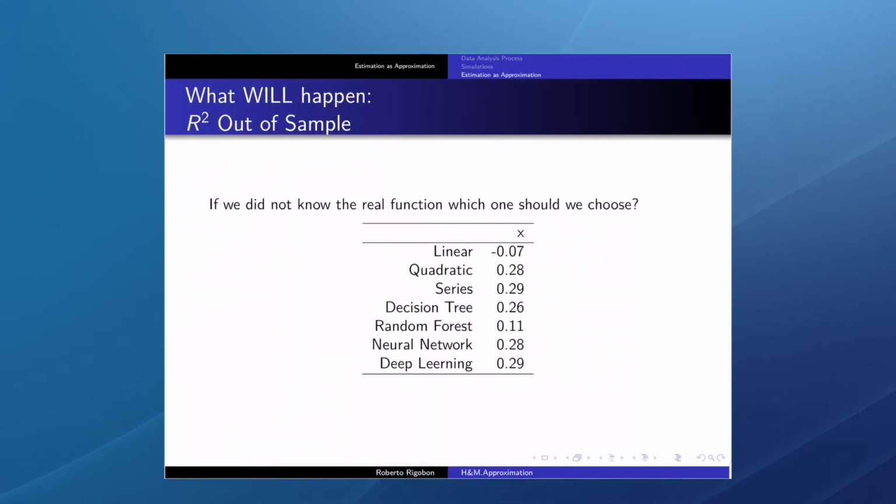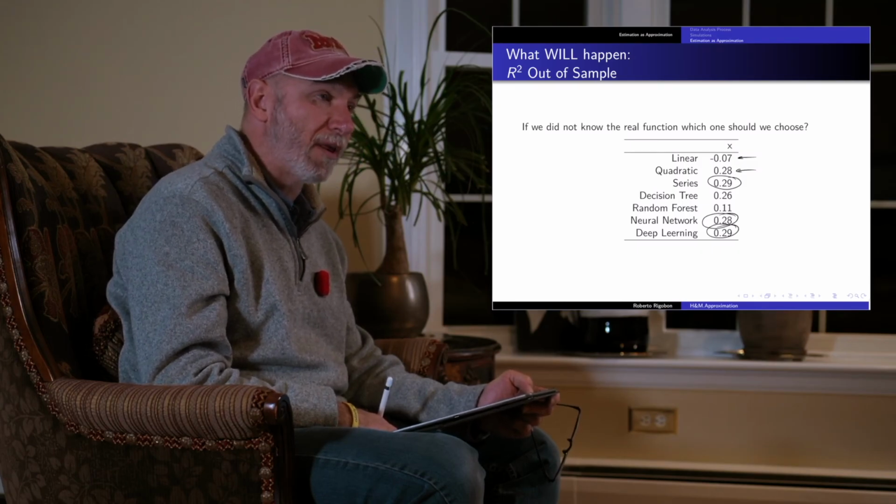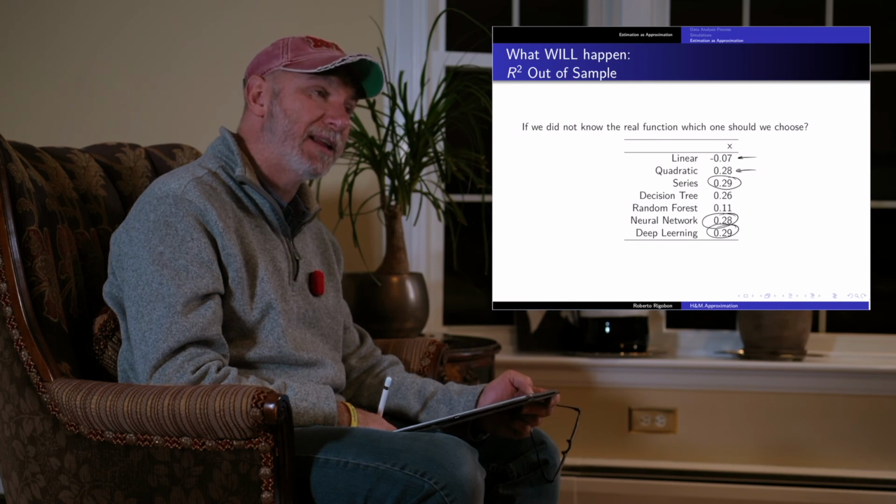First, OLS, the linear, is so bad that it actually gives you a negative number. So you explain a negative amount of the data. The quadratic is doing relatively well, but notice we have many that are as good as quadratic. So even with the out of sample, you will not necessarily pick quadratic. Isn't that interesting?